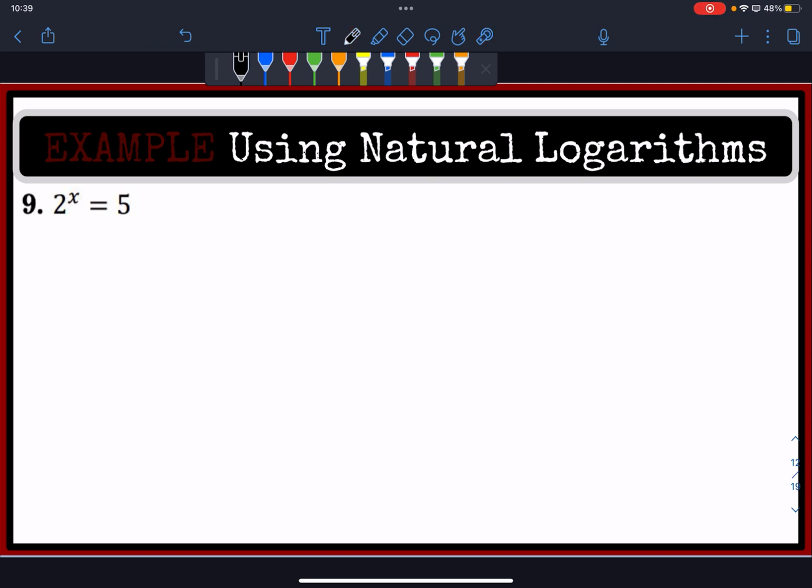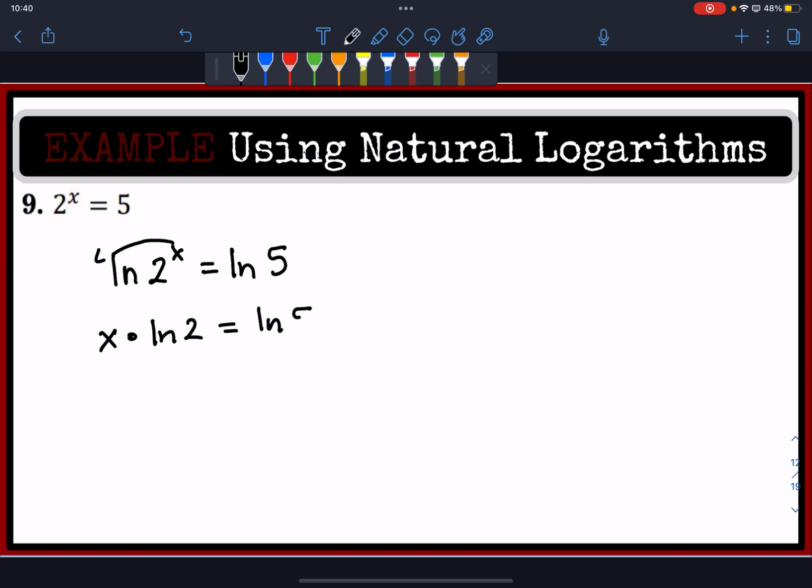So here, we'll simply start by taking the natural log of both sides of this equation, and using again the power property of logs, we would pull this to the front, and x times the natural log of 2 equals the natural log of 5. Now, because I'm multiplying x with the natural log, the inverse operation here would be to divide by the natural log of 2.